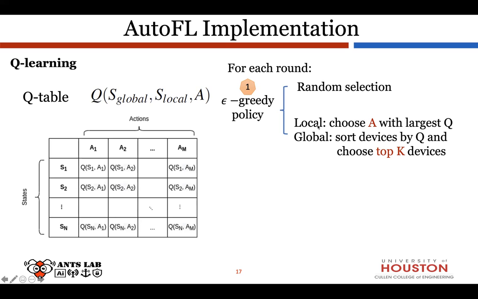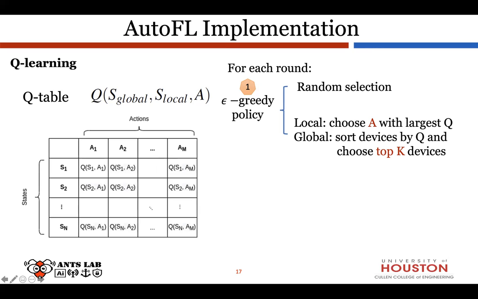Since it contains two levels, from the local level, we will choose the execution target with the largest Q value. For example, A1 is the CPU, A2 is the GPU, or A3 is the DSP. And then we will choose one with the largest Q value.